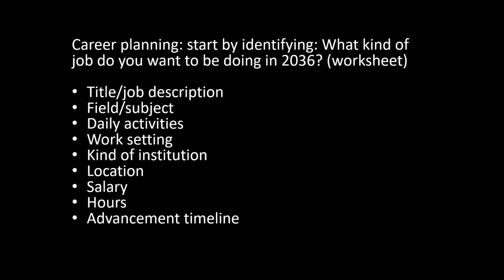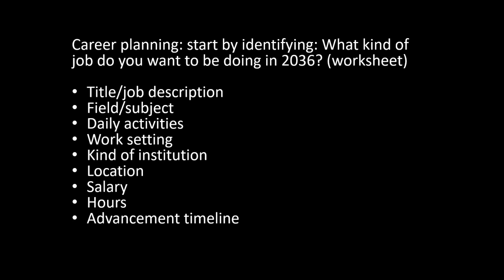As you'll see on the worksheet, the kinds of things you want to be thinking about in terms of that future career are not only the kind of job it is or the kind of field, which are also important, but also what kinds of work you want to be doing. Those kinds of issues are really important for deciding on a career. Do you want to be working on your own or as part of a team? Is location important to you?